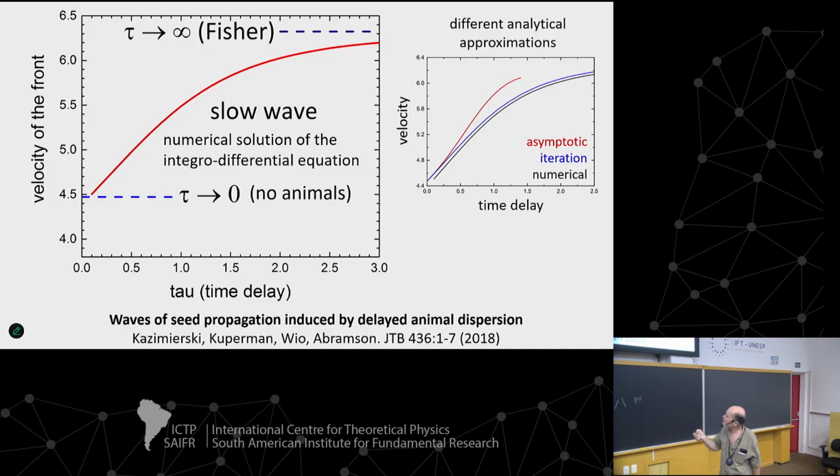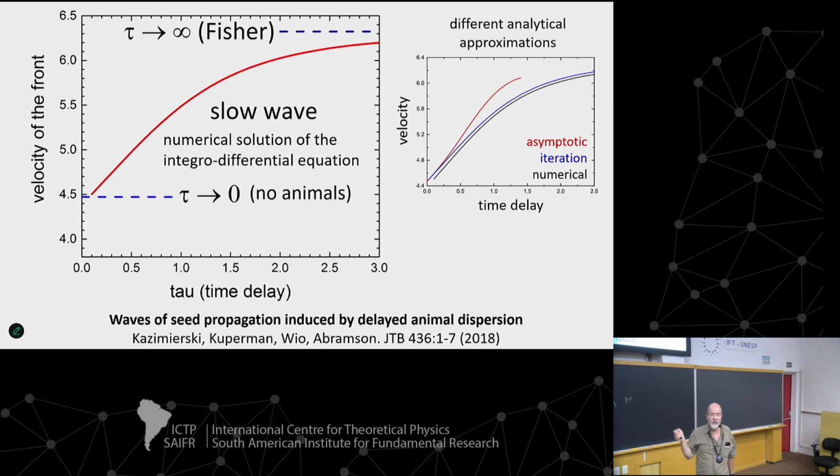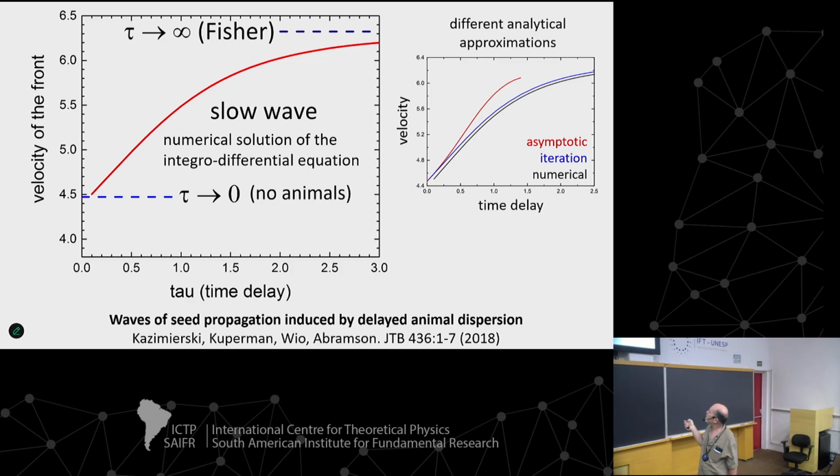We also made two analytic approaches to this problem. What we called asymptotic is valid for small values of the decay, which is this red curve. The numerical in this case is the black one.